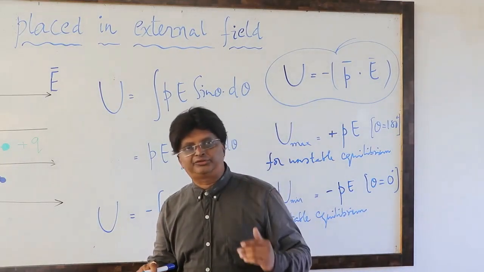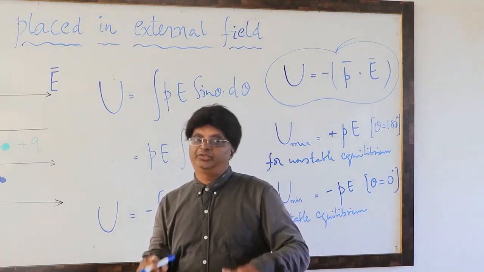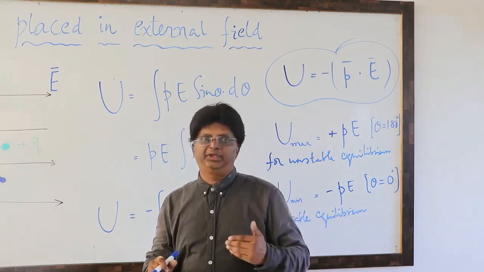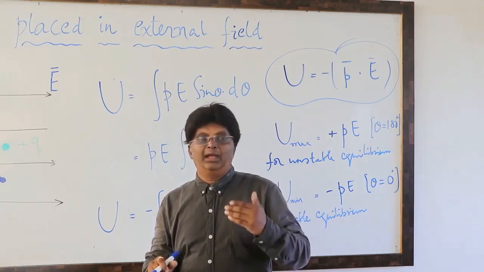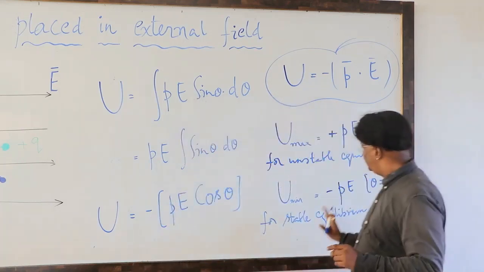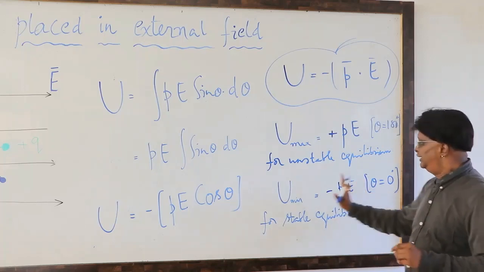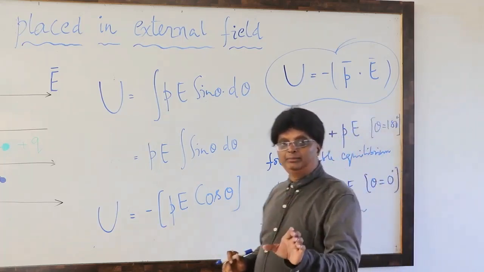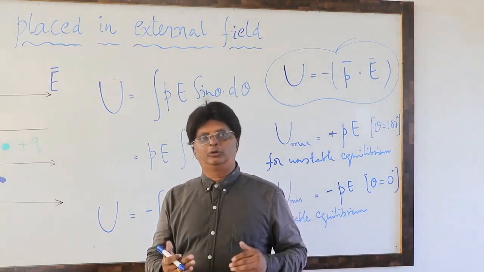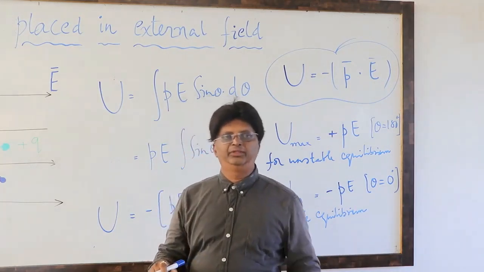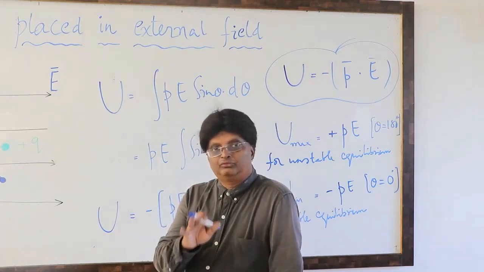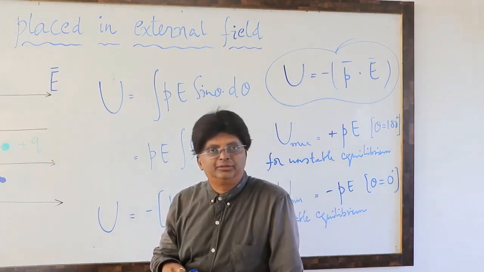The higher energies are always unstable, and therefore the tendency of any entity in nature is to acquire stability by possessing as minimum energy as possible. Therefore for this theta equal to 0 degree position, the potential energy is minimum and hence more stable, and that is why the torque always tends to align the dipole in the direction of the field. So after the concept of torque, we have this concept of potential energy.